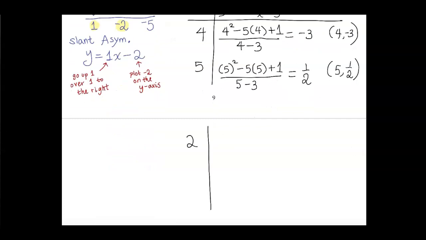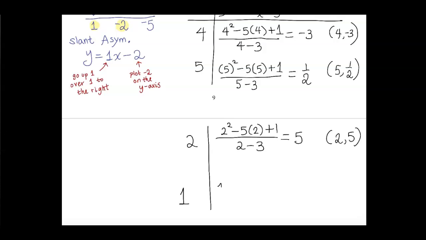If I plug in 2, I will get 2 squared minus 5 times 2 plus 1 over 2 minus 3. All right, plug that in, you guys. Let us compare what we get. I got 5. Hello, that's a super nice point to plot. Let's plot 2, 5.